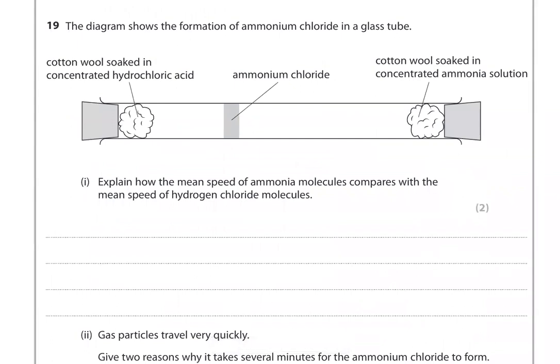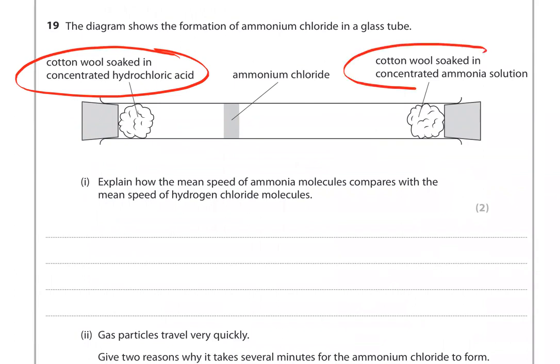We have cotton wool soaked in hydrochloric acid on the left, cotton wool soaked in ammonia solution on the right, and the ammonium chloride forms nearer the hydrochloric acid end.